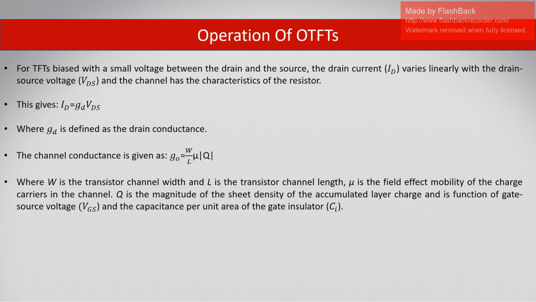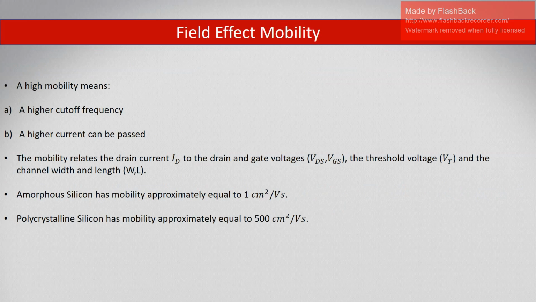It is calculated by multiplying the drain conductance with the voltage applied across the source and the drain. Field effect mobility basically provides high cutoff frequencies and high current pass through the channel.